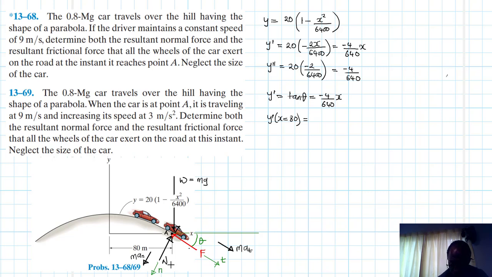That is 4 times 80. So tan theta is equal to minus 320 divided by 640. Therefore, theta is just going to be equal to tan inverse of minus 320 divided by 640.